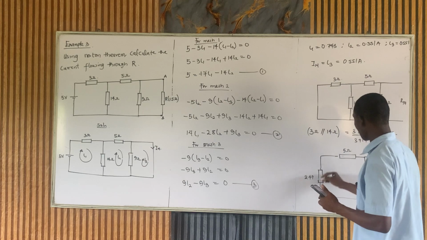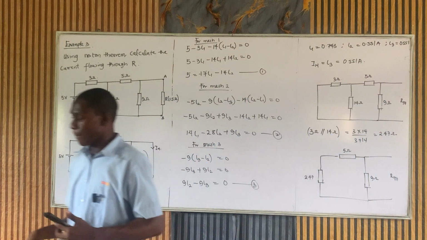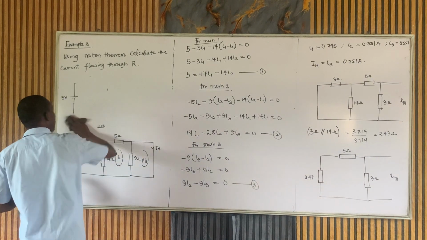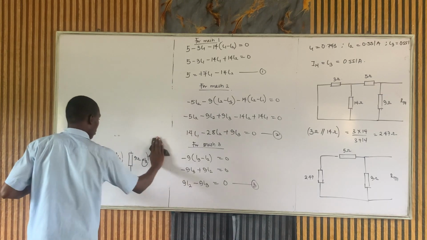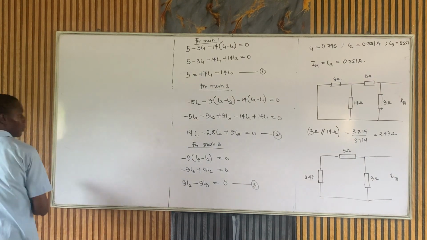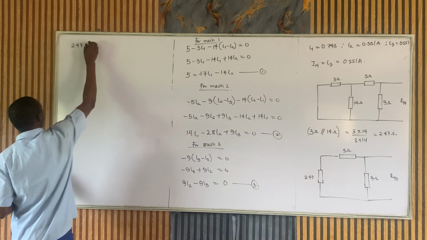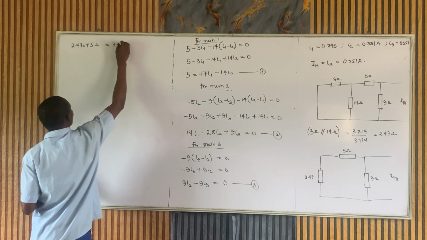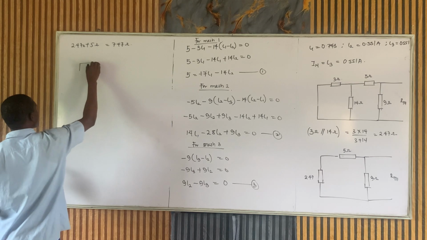These two are in series. So how do we go about that? Let's clean this part now. So that would be 2.47 plus 5 ohm, and that is 7.47 ohms. So that is reduced to this now.